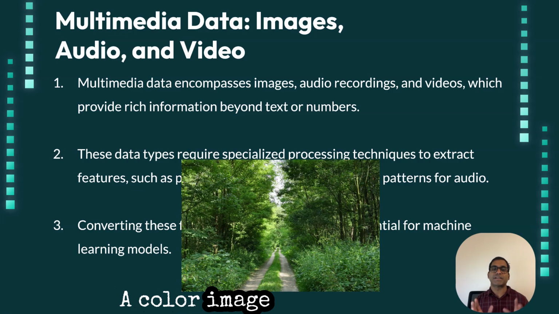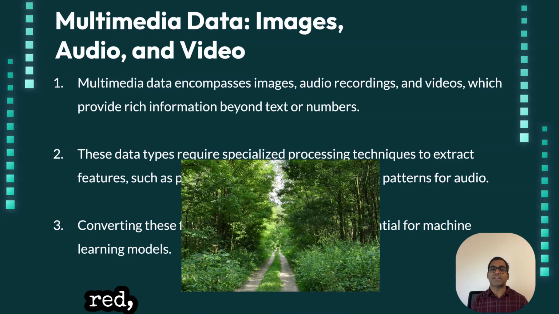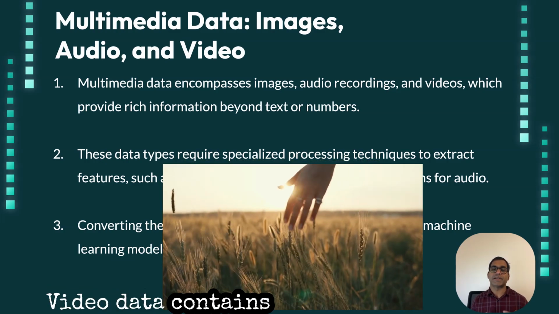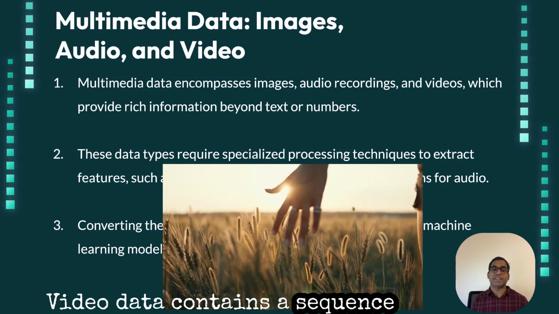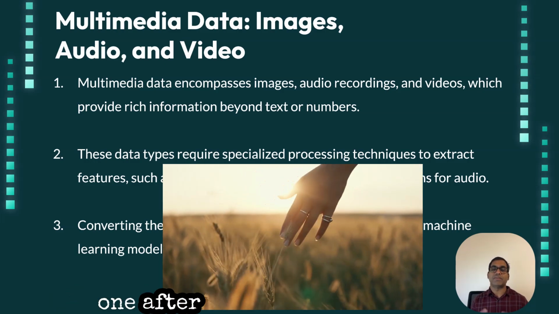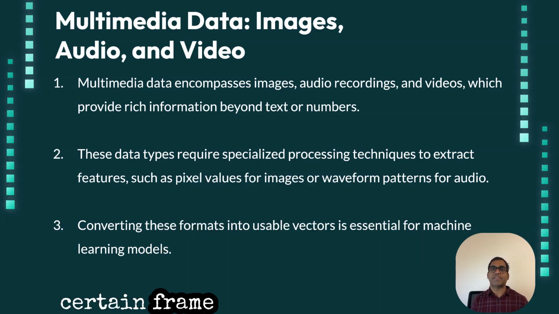A color image contains 3 channels and each channel has intensity values corresponding to the red, green, blue components. Video data contains a sequence of images called frames. These frames are displayed one after another at a certain frame rate, creating the illusion of motion.